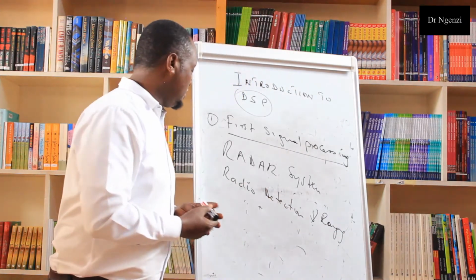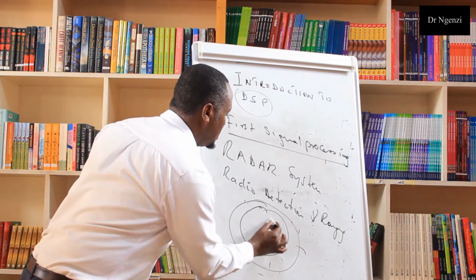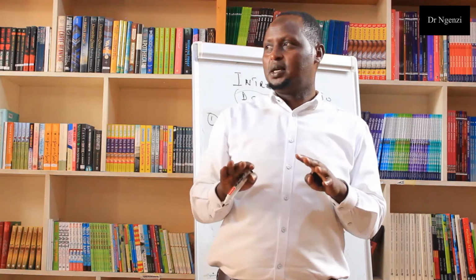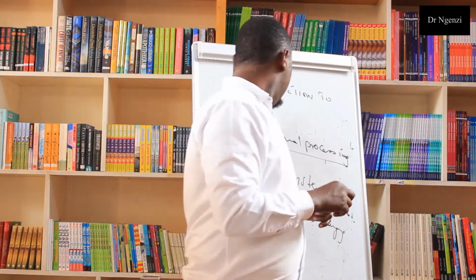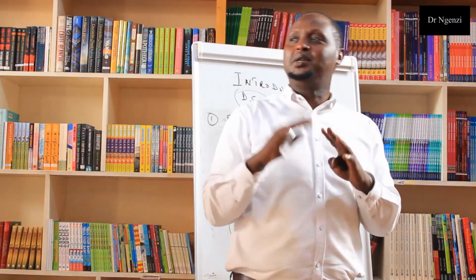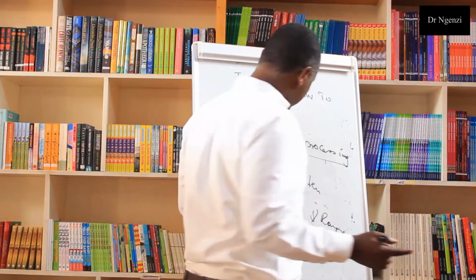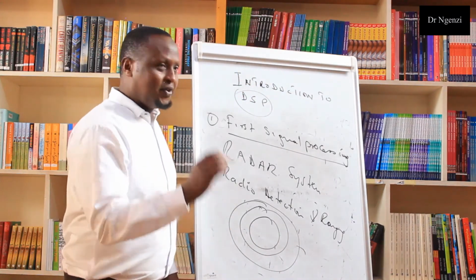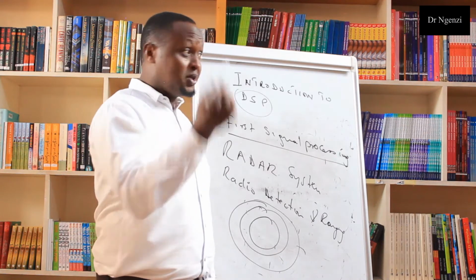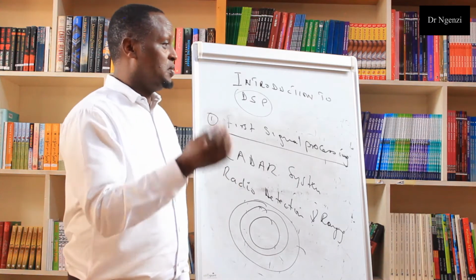If you are using a radar system, suppose this is a globe, say the Rwandan space, and you want to detect a target which is coming to our territory. For example, the target is an airplane that is coming to our territory.